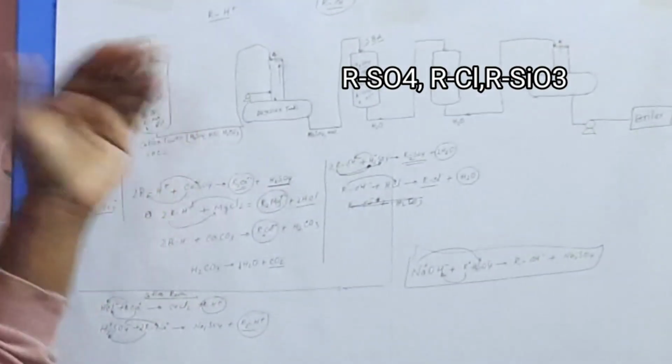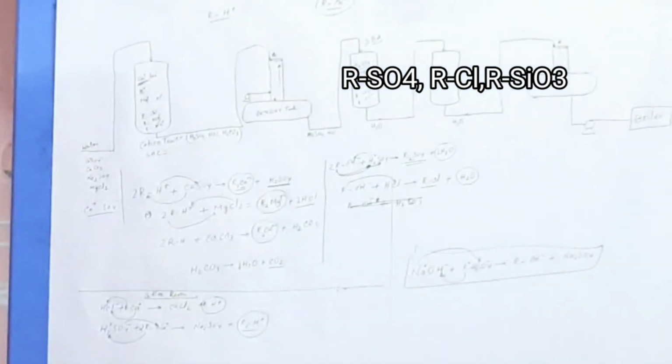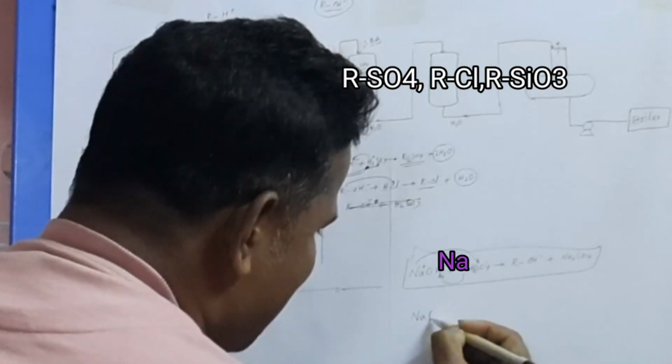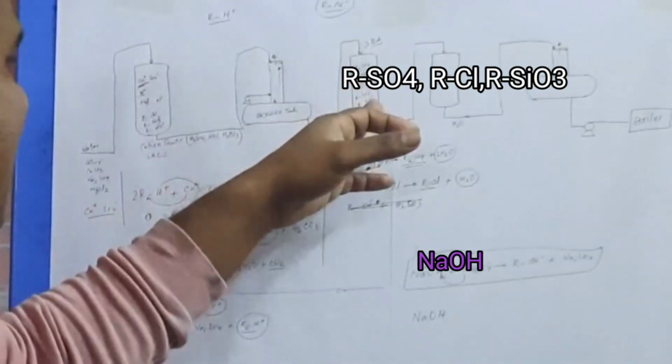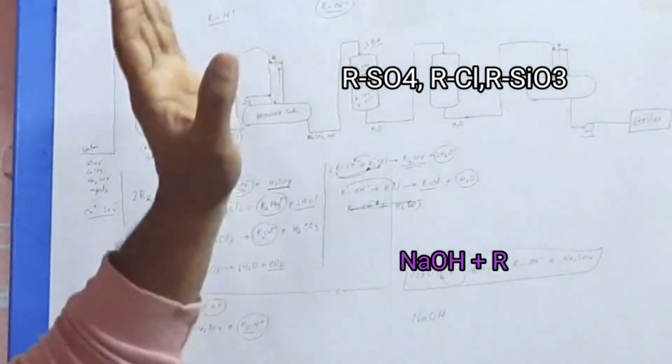Like the cation tower, which we already regenerated with hydrochloric acid or sulfuric acid, any one acid you can use. For regeneration of the anion resin, you have to use sodium hydroxide. On the anion resin, anions or negative ions are already present: sulfate ion, chloride ion, silicate ion.